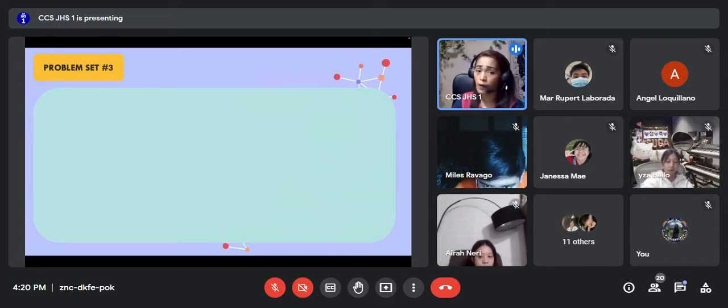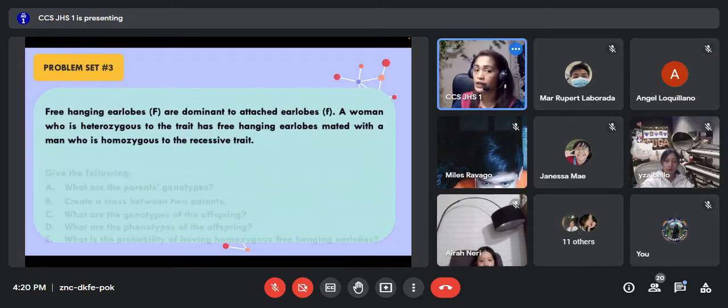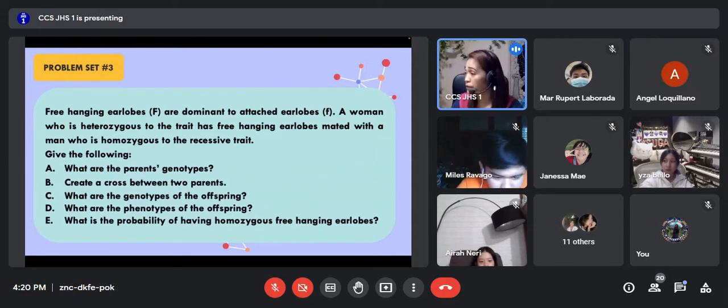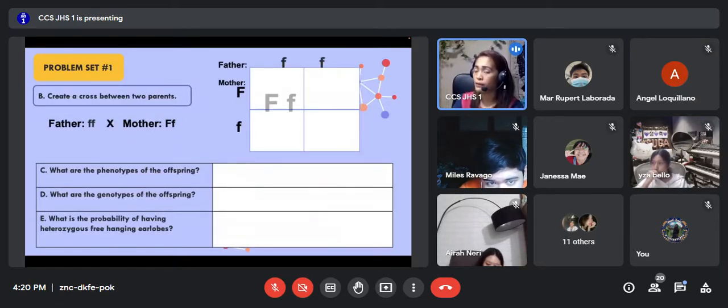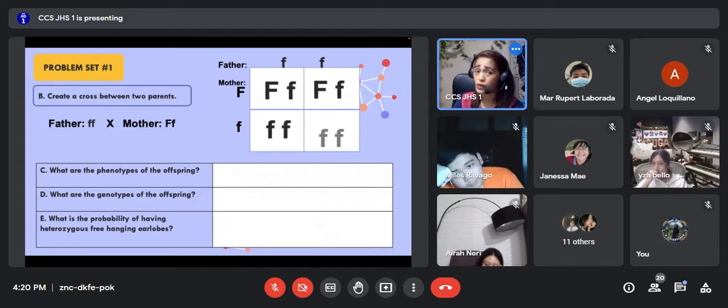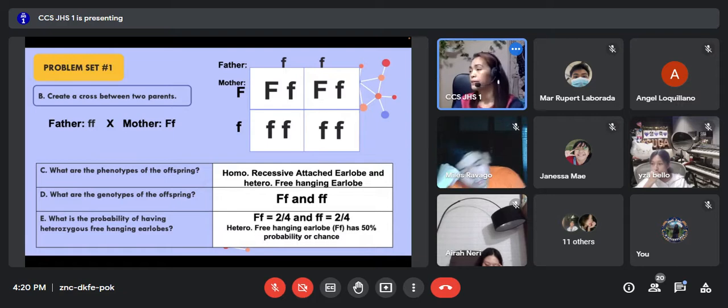All right. So for problem set number 3, this time it talks about the shape of the earlobe. So it's either free hanging, or we call it detached, and the other one is attached earlobe. Same thing, I'm showing you again the solution for problem set number 3.